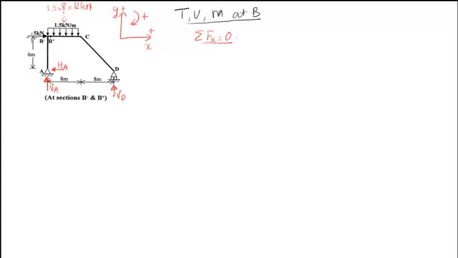Now 5 goes to the right in X, so positive 5 here, okay. And HA goes to the left, against this one, so it's going to be negative HA. So that's it, two forces equal to 0, and then easy, right? HA equals 5 kilonewton.